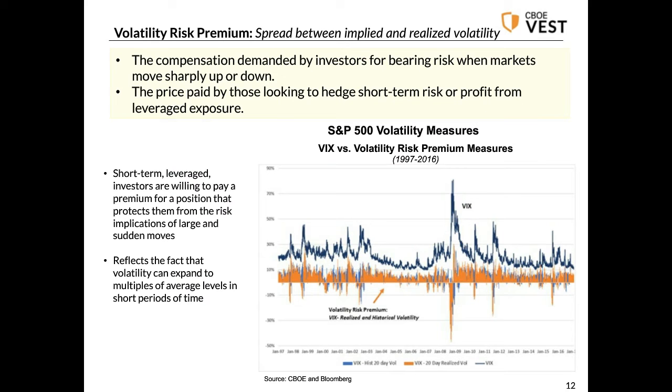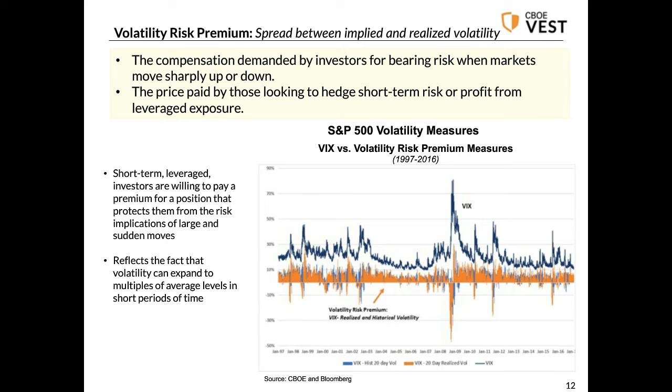Now, to look at this more specifically, I want to go through 2 pages here of charts of the volatility risk premium. So we can think of this as the compensation that investors want for bearing risk when markets move up or down. So probably the statistic you're most familiar with is the VIX. The VIX comes from option prices, and it's the expected volatility 30 days out that's in S&P 500 options.